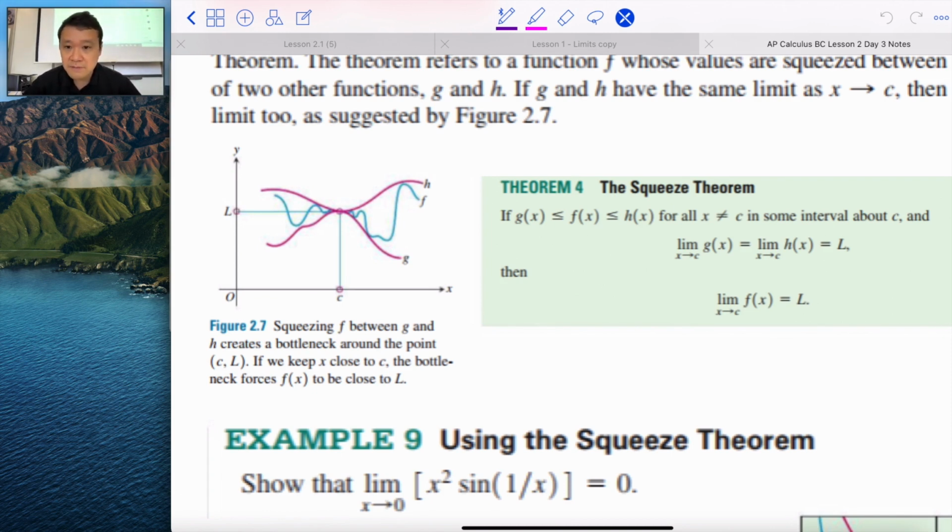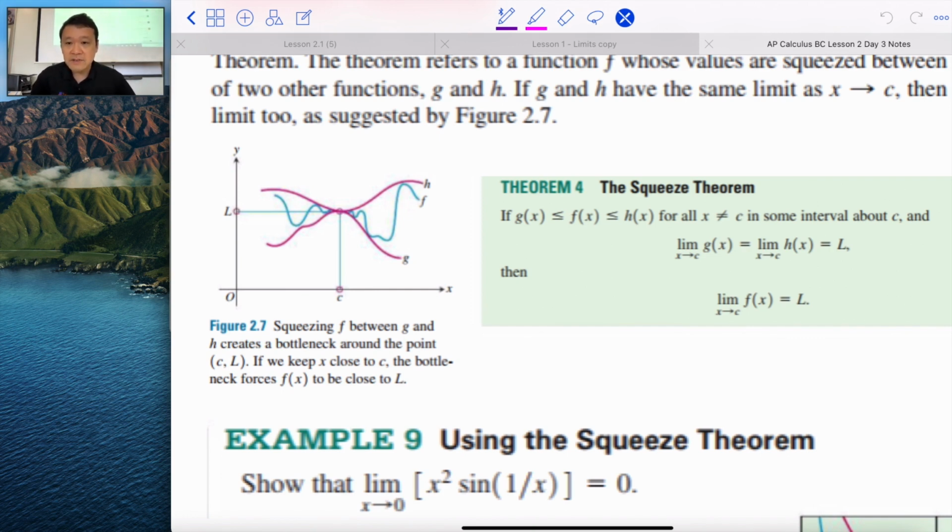as x approaches c from either side. In this one, you could see that function f is wedged in between function h and function g at every single x value, but they happen to converge as x approaches c.